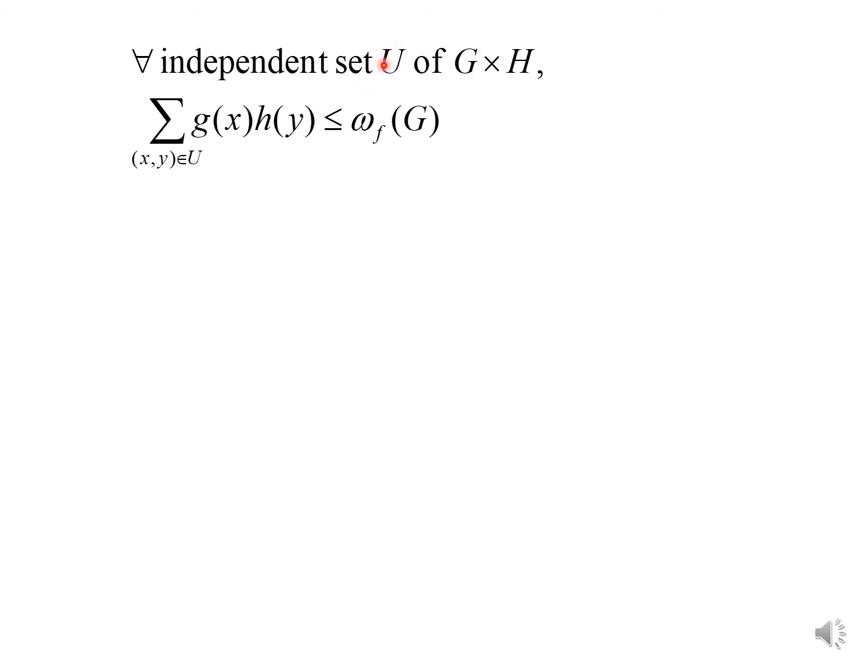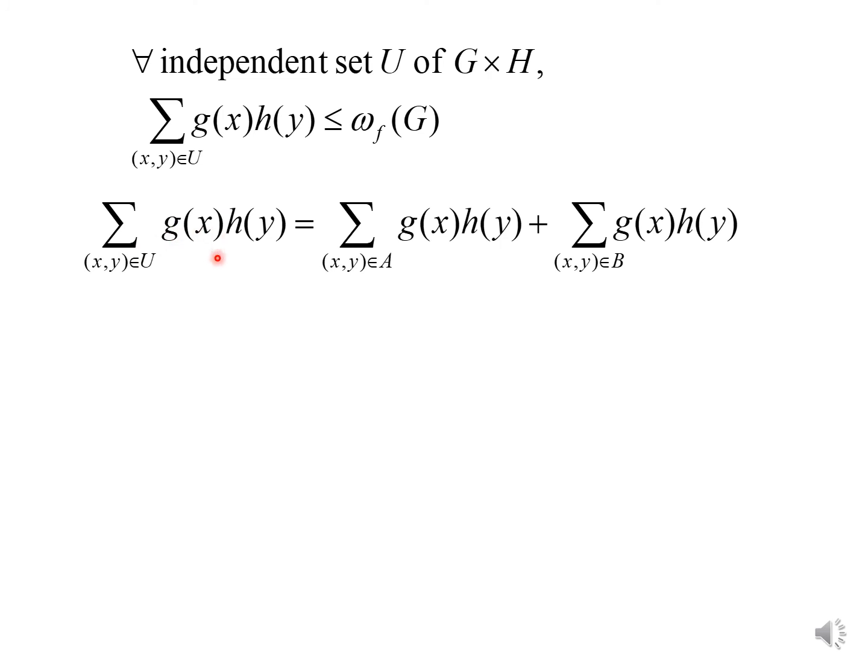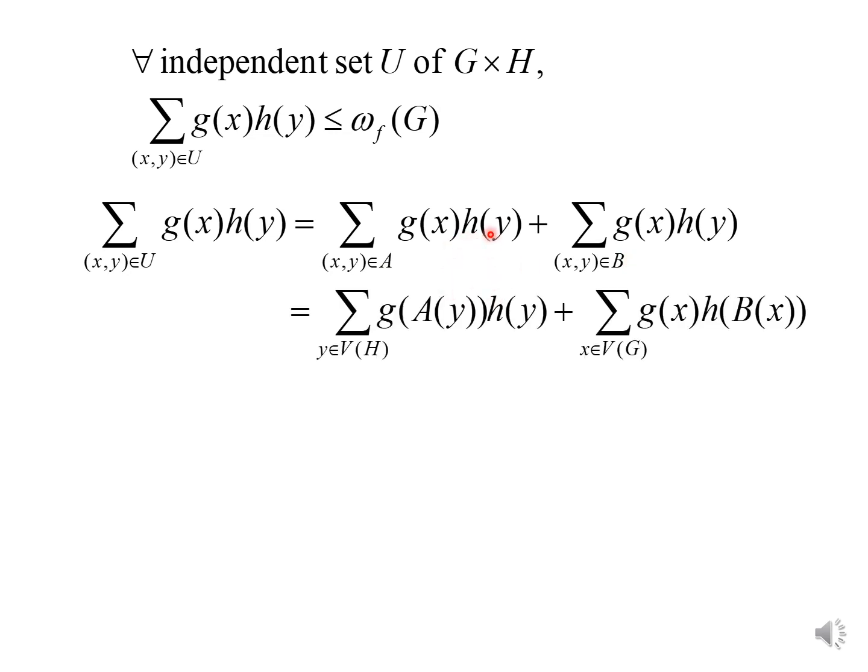Okay, so this is what we're trying to prove. For every independent set U of the product graph, we want the weight of this independent set to be bounded by the fractional clique number of G. This is what we want to prove. So let's write down the summation. Because U is partitioned into A and B, the weight of U is the sum of the weight of A and the weight of B. For this one, I first fix y and sum over all those x such that xy belongs to A, and that means I sum over all those A_y, and then I sum along these y's.